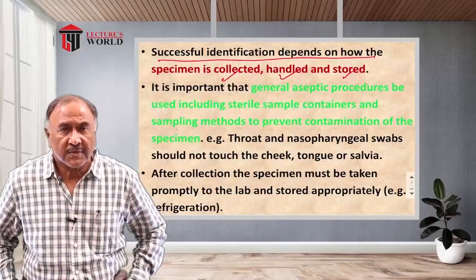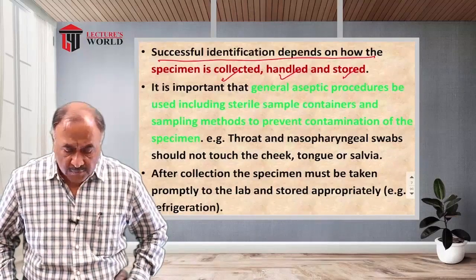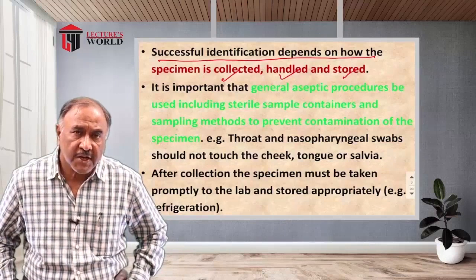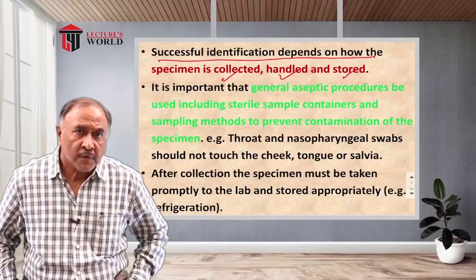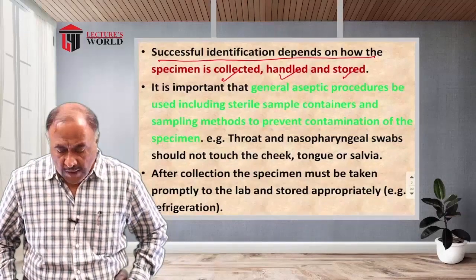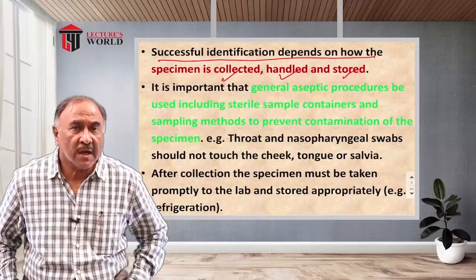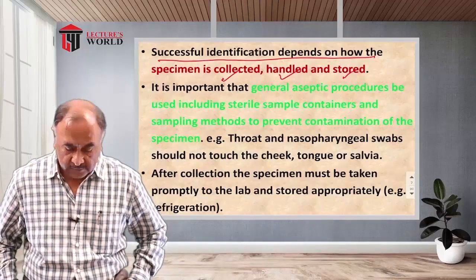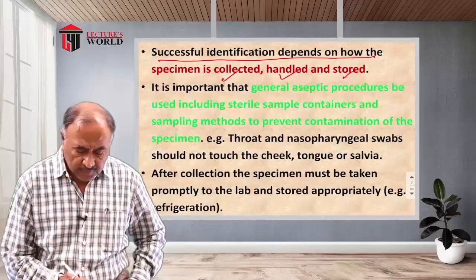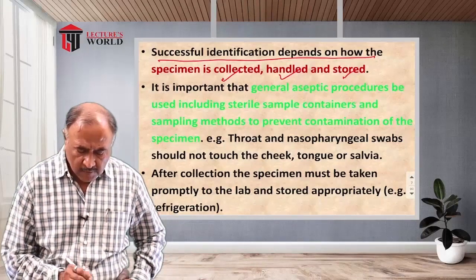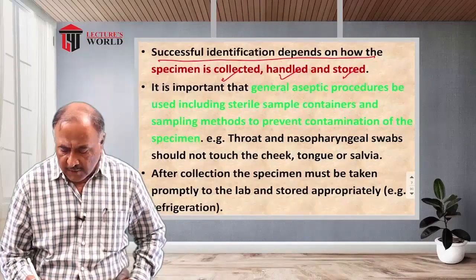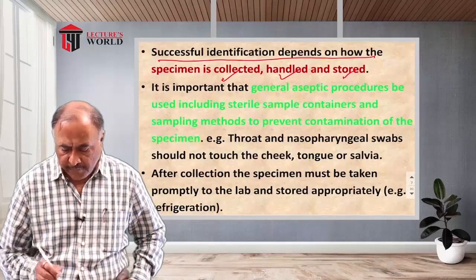Some of the organisms appear as gram positive, which are stained purple or violet in color, while gram negative organisms are stained pink in color. So the difference is this: these organisms appear violet, while these organisms appear pink.